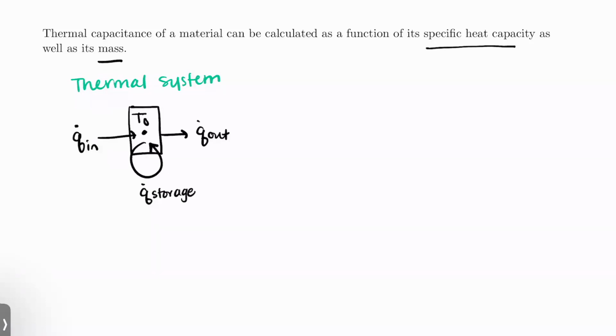All right, the way that we would look at this in terms of an equivalent circuit is like the following. We have some Q dot in flowing into this node, which is T0.